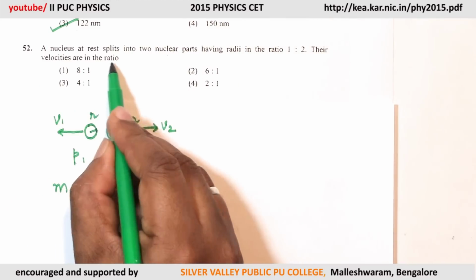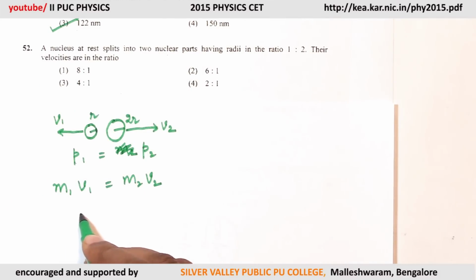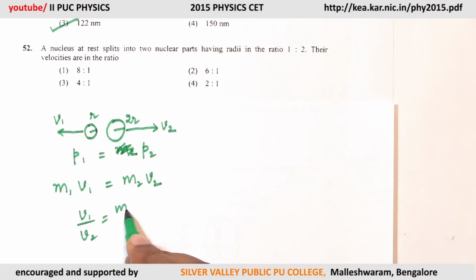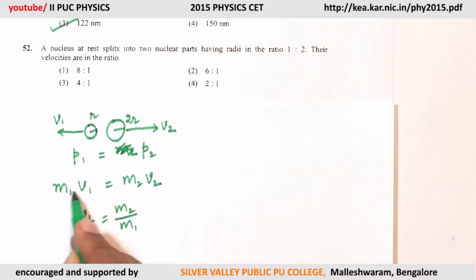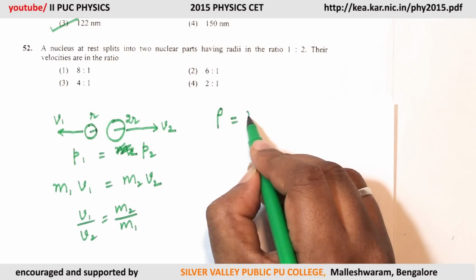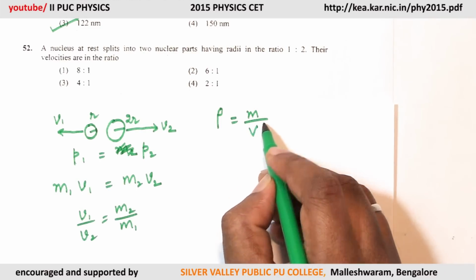Their velocities are in the ratio v1 by v2 equal to m1 by m2. Now, density of the nucleus is constant, which is nuclear mass by nuclear volume.